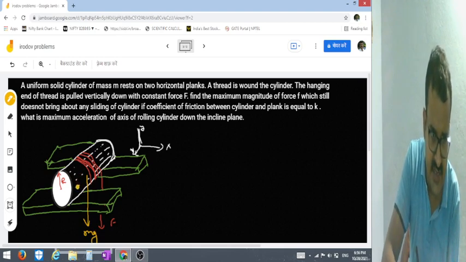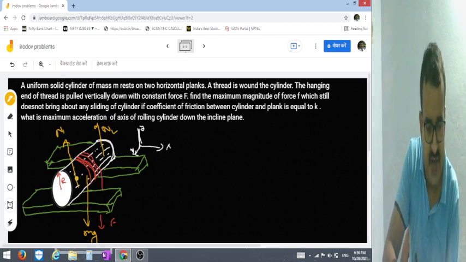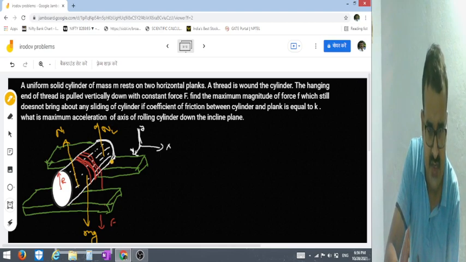The normal reactions at the points of contact will be acting upwards, such that N1 and at the second point of contact N2. Now since the cylinder is rolling, there will be a rolling friction because it is not sliding. So let us take these values to be f1 and f2.